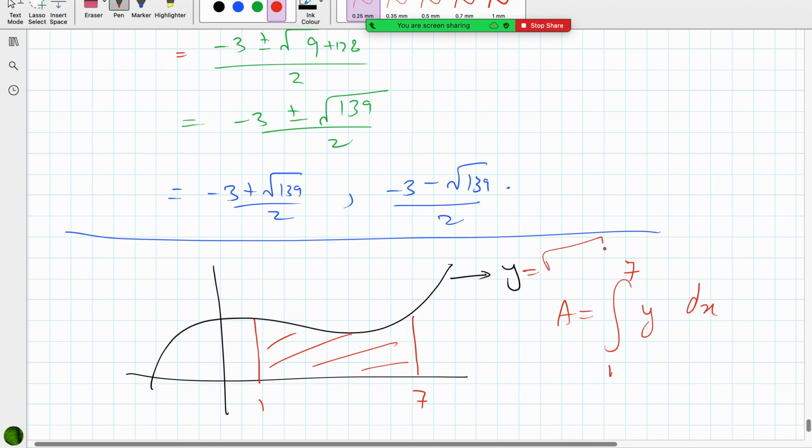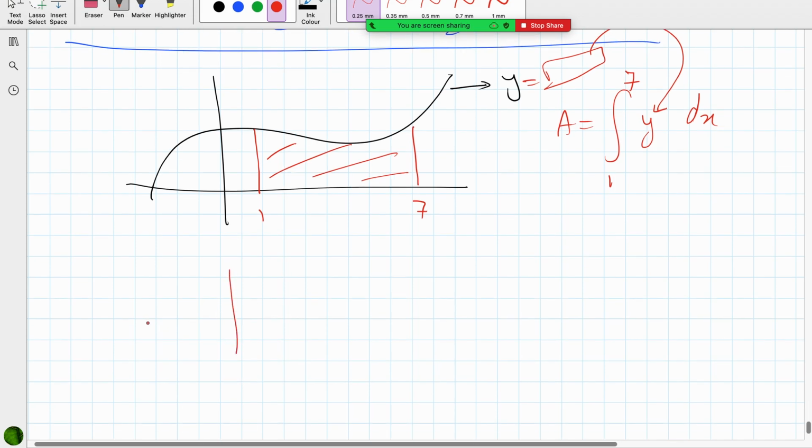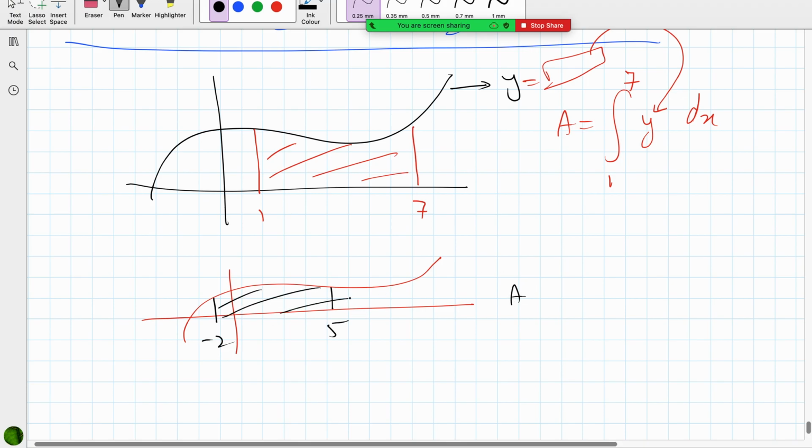Whatever the equation will be, we'll replace this in place of y. And these limits could be anything, positive, negative, both positive. Copying the same curve, the limits could have been minus 2 to 5. So the area of this section would be the integral from minus 2 to 5, lower limit and upper limit, y dx.